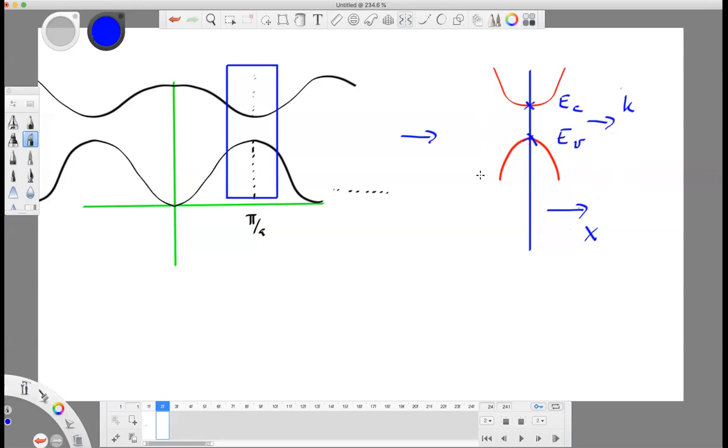Let me erase this so it's not confusing. That's the k direction. This is the energy direction here, E versus k. But then you take these points and make this diagram here for a fixed k, the fixed k you're working on. So this will be the valence and the conduction band, but now in the x direction.